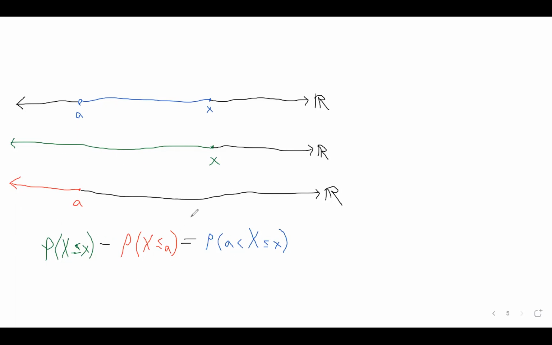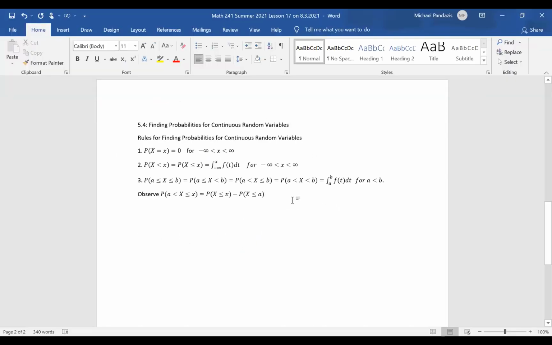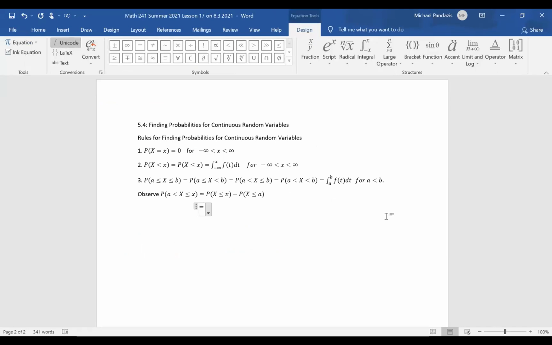That's how we get this equation on the whiteboard. Now you just calculate those two probabilities and subtract them, and you get the probability of a less than capital X less or equal to little x.